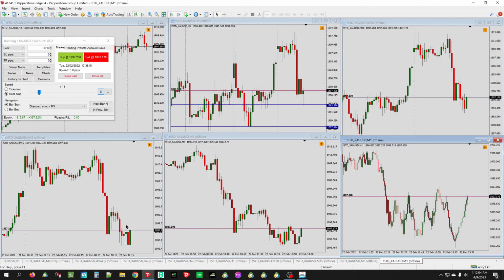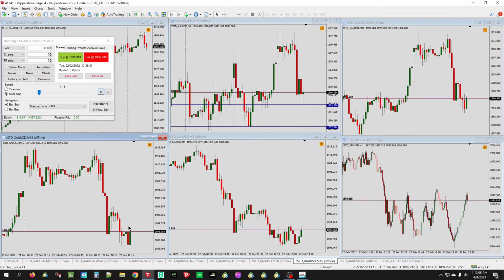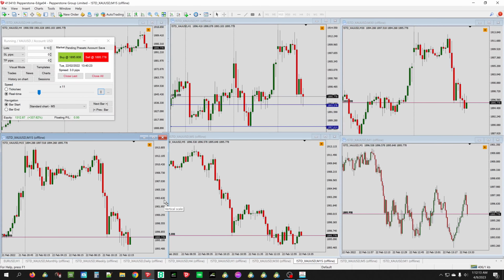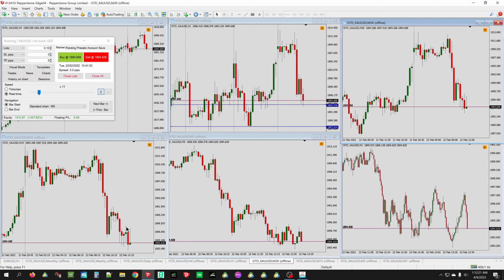Now if we break above previous M15 candle highs, our initial bias for buys will be correct and I will be executing buys. But we have again respected those highs in M30 and in M15.